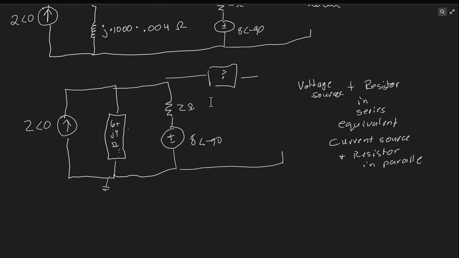And we could either change the voltage source and the resistor to a current source and a resistor in parallel, and then we would have things in parallel, or we could change the current source and the impedance, I say resistor slash impedance.